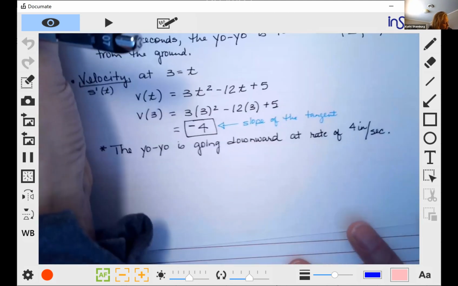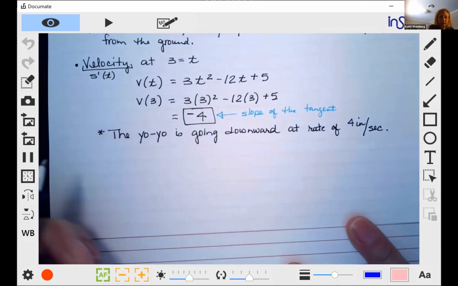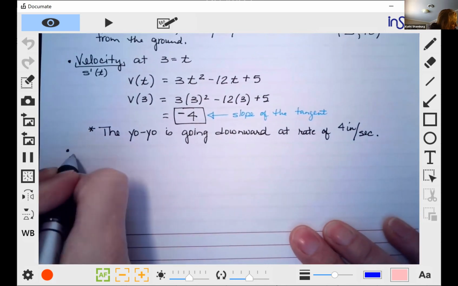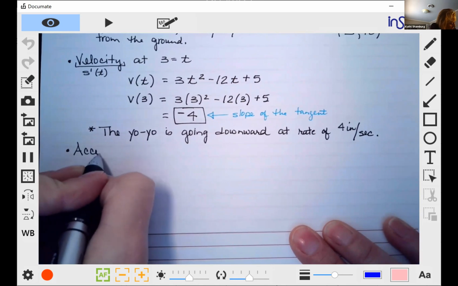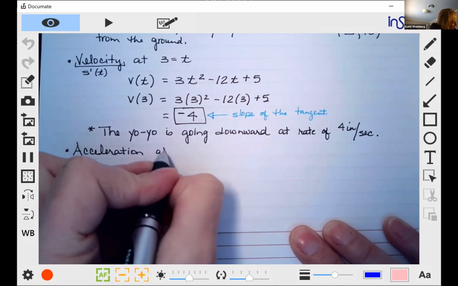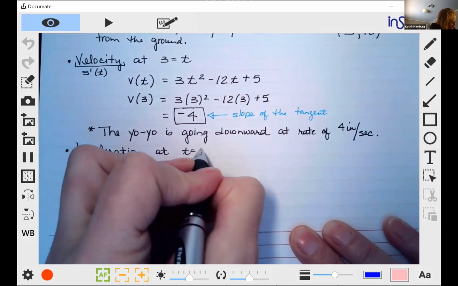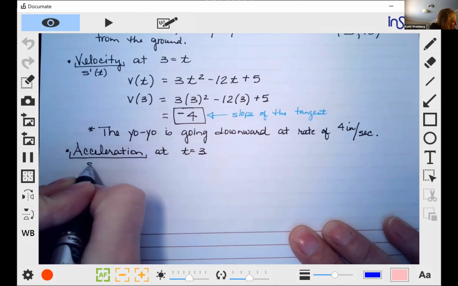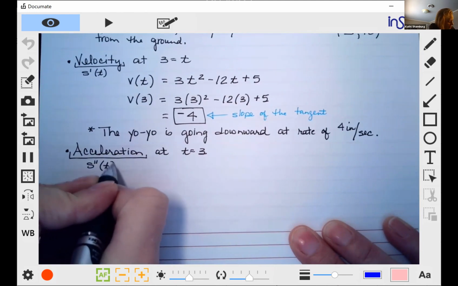Okay, so then lastly, try to get this all on one paper. We're going to look at acceleration at t equals 3. Now, acceleration is the second derivative.